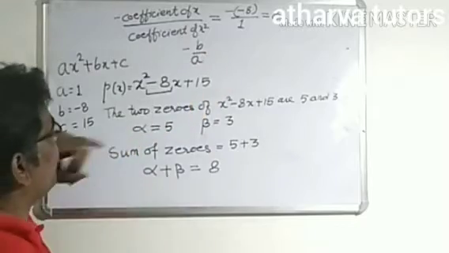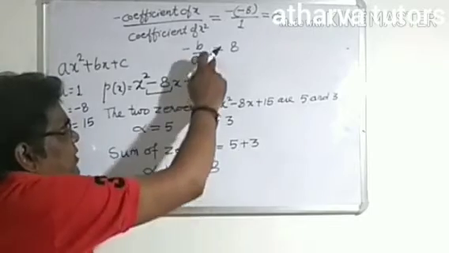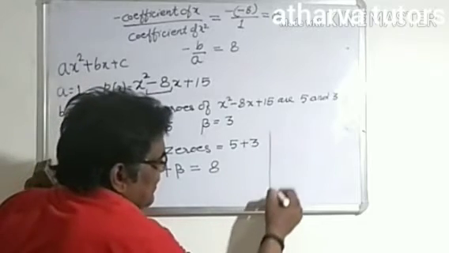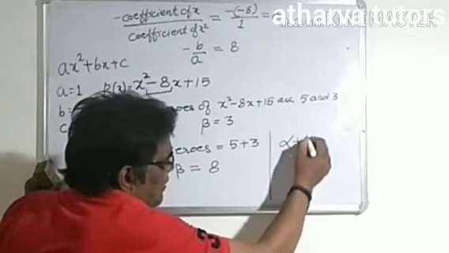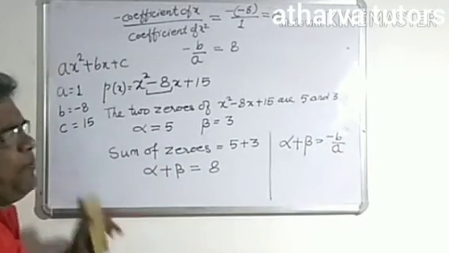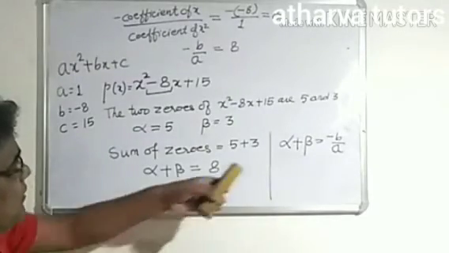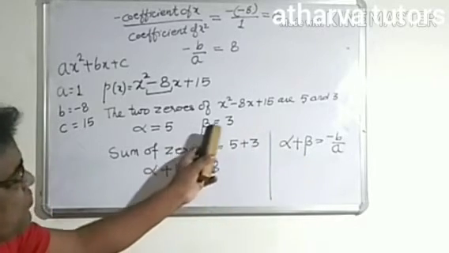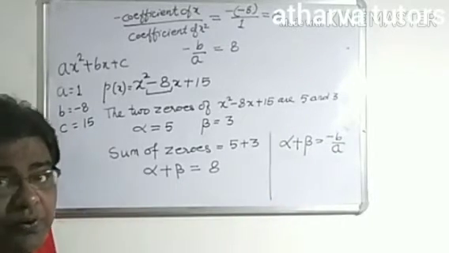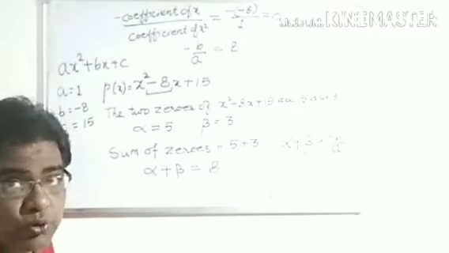So minus b upon a is 8. If I compare these two, alpha plus beta is equal to minus b upon a. That is, the sum of zeros is equal to minus the coefficient of x upon the coefficient of x square. I hope you understood what I meant to say.